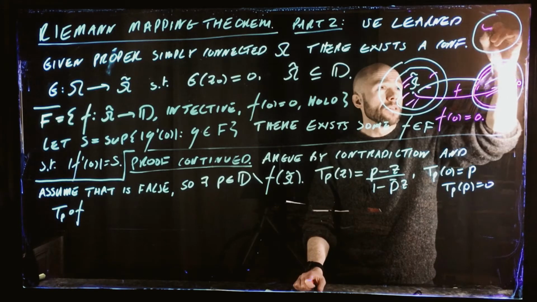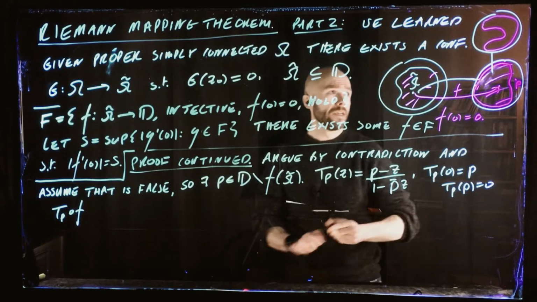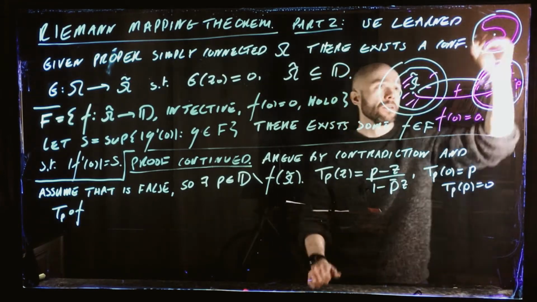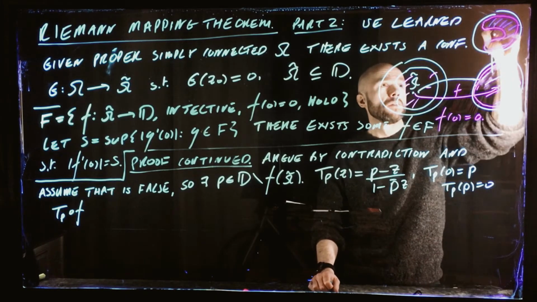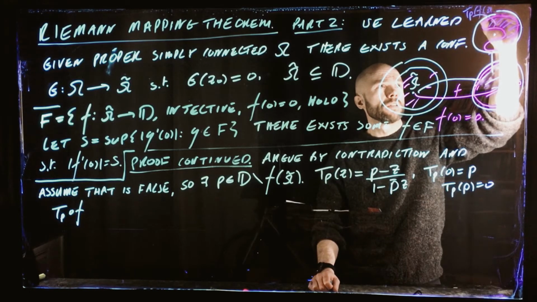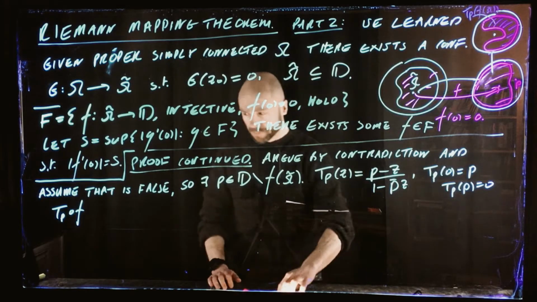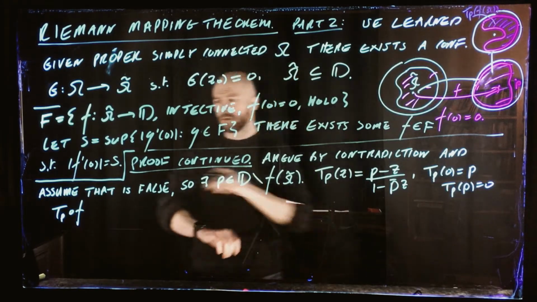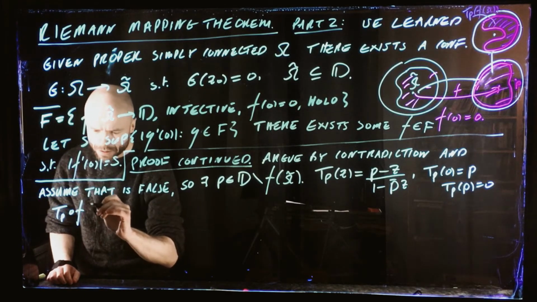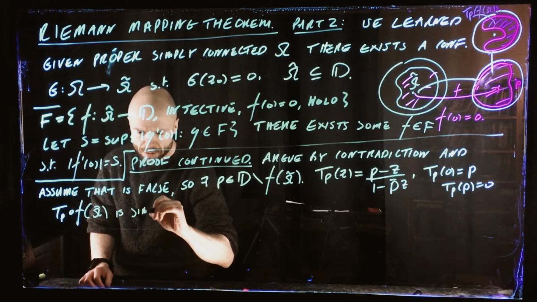It's still going to be simply connected, of course, because these are all diffeomorphisms. But now it's missing out 0. So this is what we've got, right? And then this thing is T_p of f of omega tilde, like this. Okay? Cool. So let's write that down. So this guy applied to omega tilde is simply connected.